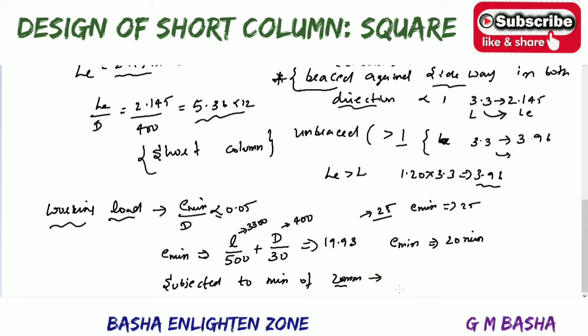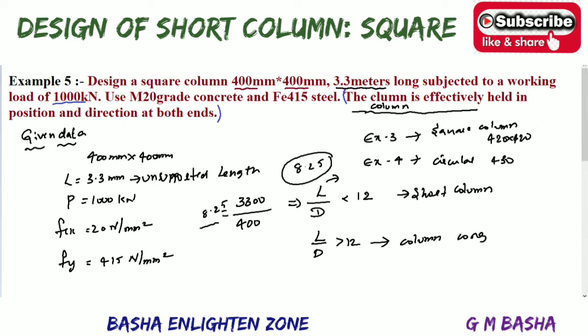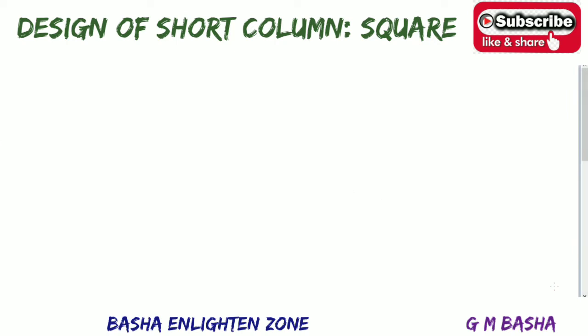Then based on this minimum eccentricity value you can check this condition, whether your condition is satisfied or not. That is, eccentricity minimum by D less than or equal to 0.05. So take the column condition: eccentricity will be 20 only, divided by the dimension of the column, which is 400.